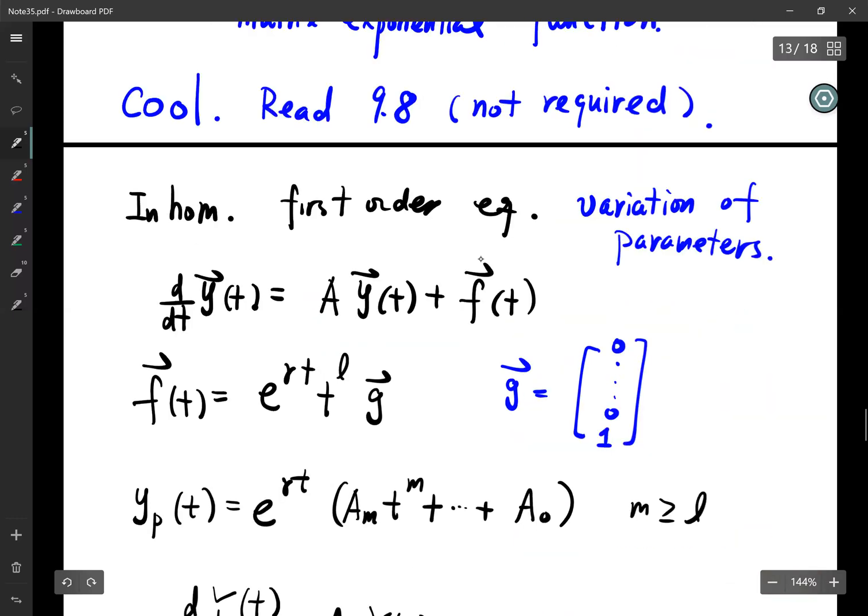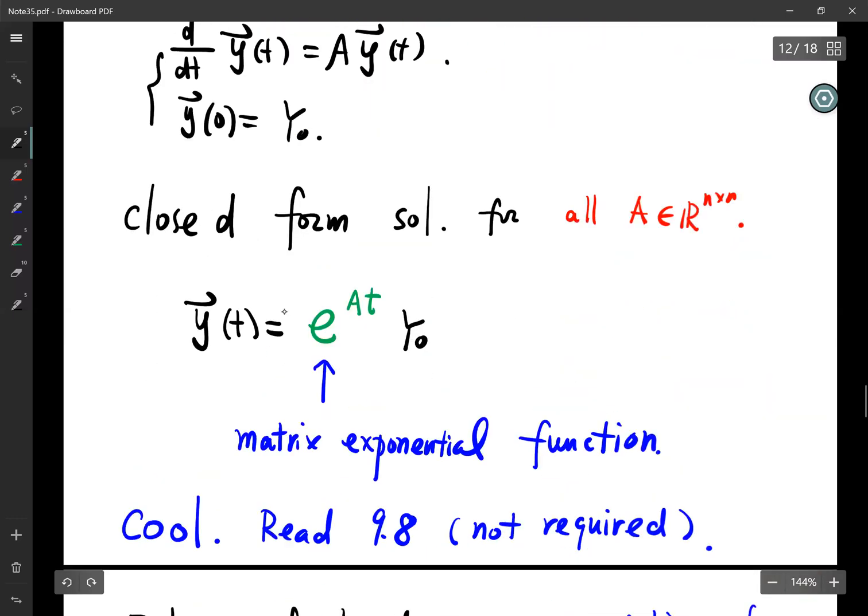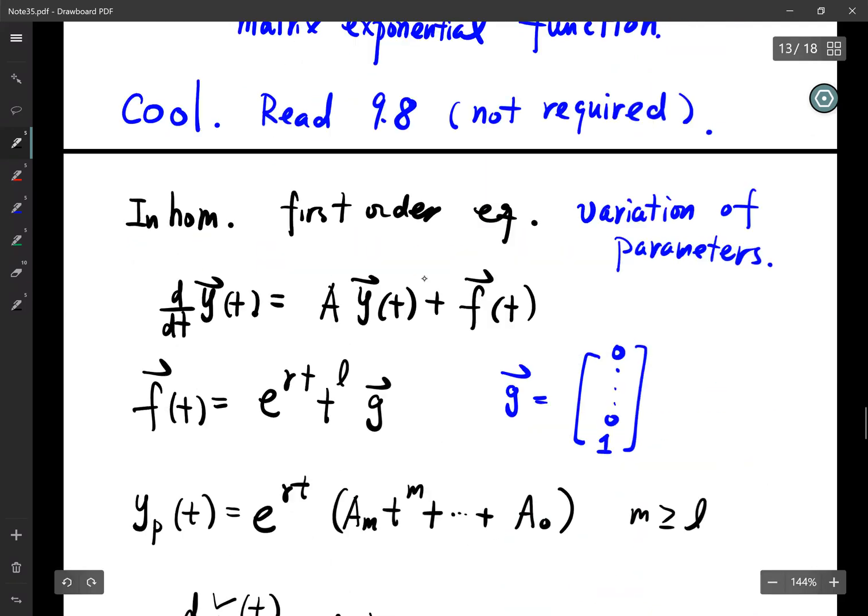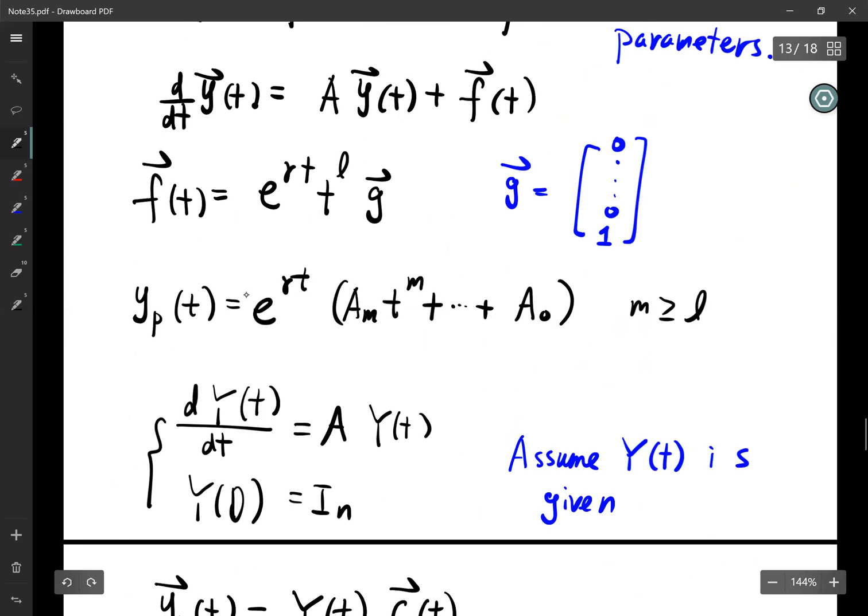The matrix exponential function is well defined and very beautiful, but in terms of actual computation, the previously discussed theorem is much easier to use. Similarly, for the inhomogeneous equation, the method of undetermined coefficients is a lot easier to use.